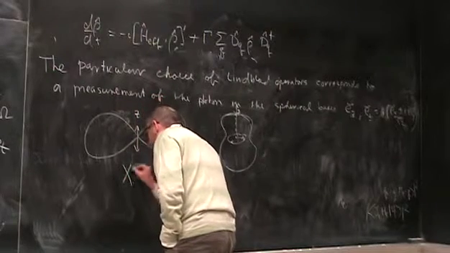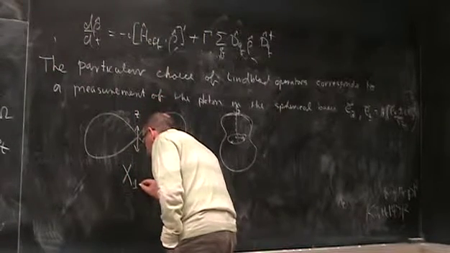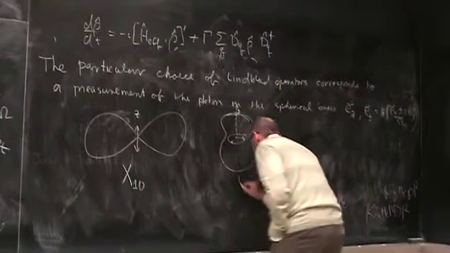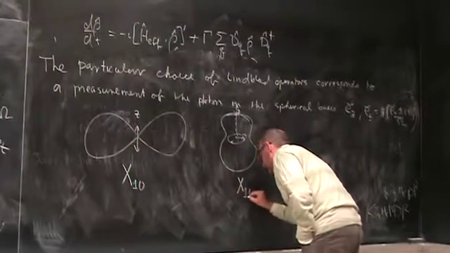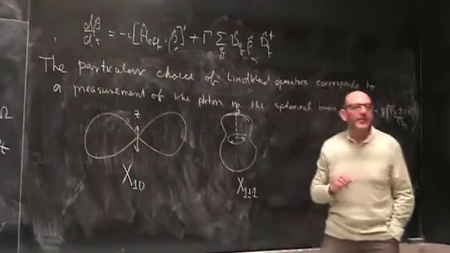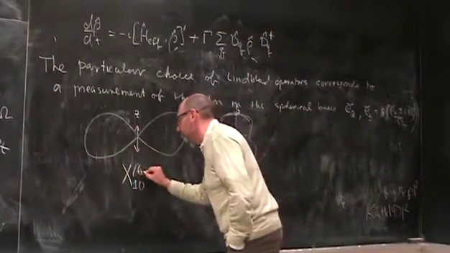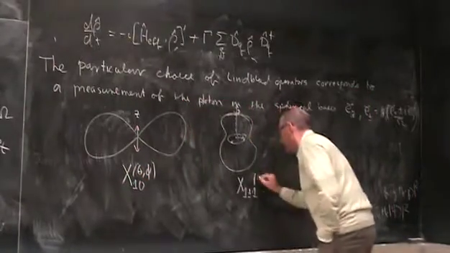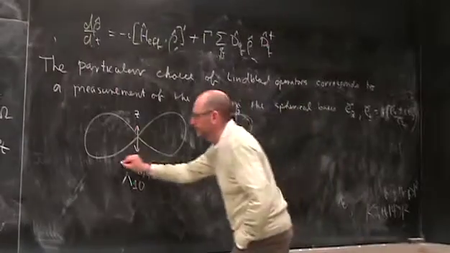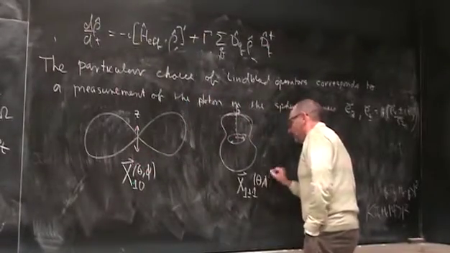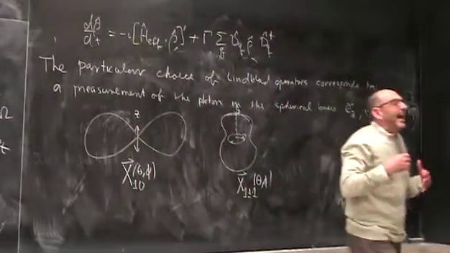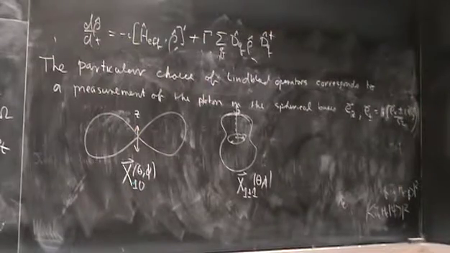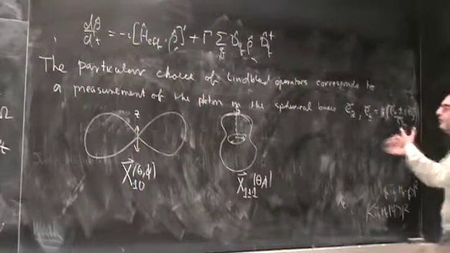This is X1,0, and these are X1,plus or minus 1. They are the vector spherical harmonics. They're functions of theta and phi, and they're vectors. So I don't know how you do this measurement, but these are orthogonal functions over the sphere.